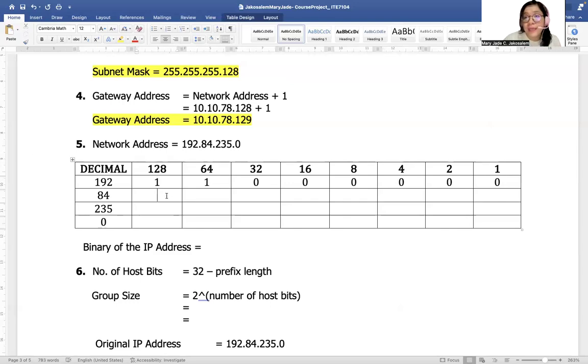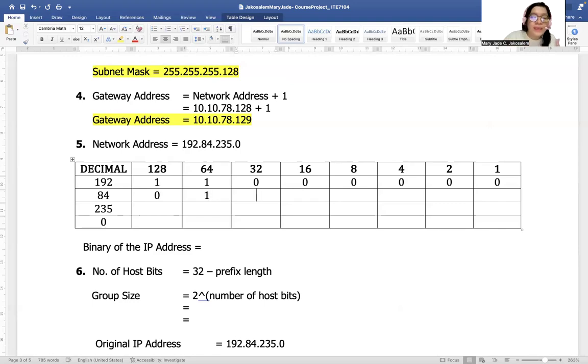Now, let's move on to the second octet. 84 is less than 128, so it's a 0 because it's less than. 84 is greater than 64, so the answer here is 1. Then, we have to deduct 84 minus 64. The remaining value is 20.